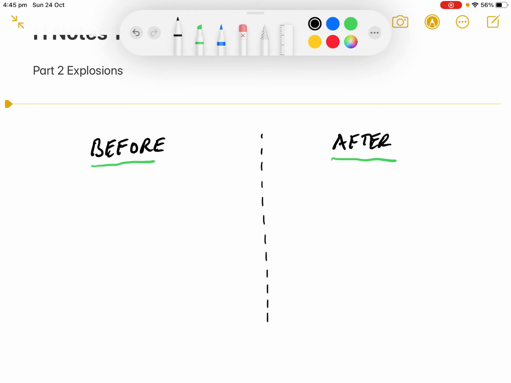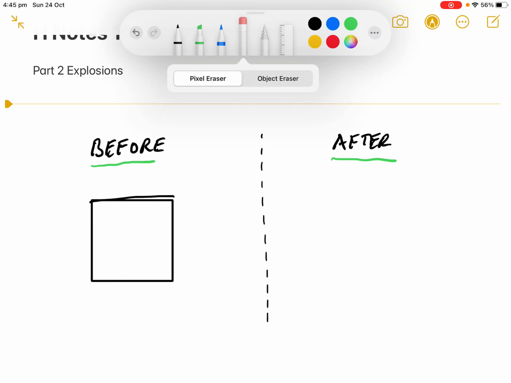The difference is, in an explosion, the body that we have before the explosion already contains a supply of energy. So if you think of a stick of explosives, for example, it's got chemical energy inside it.